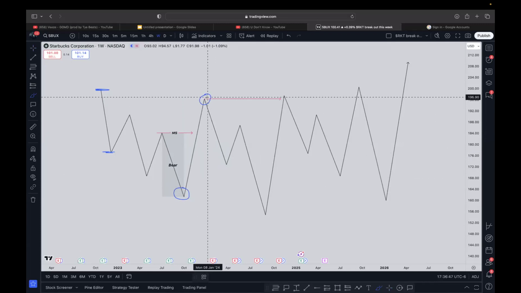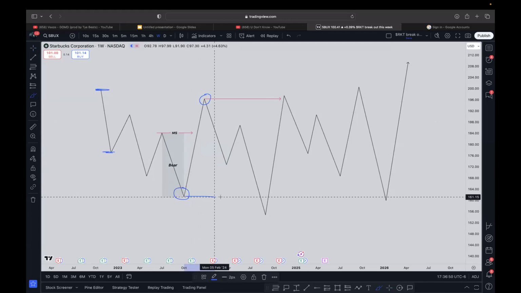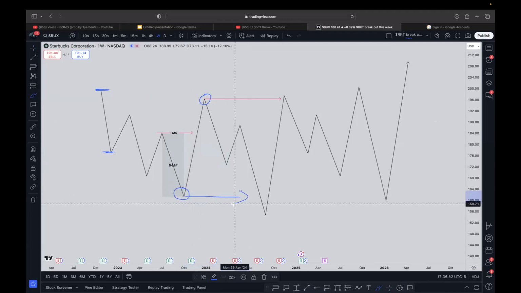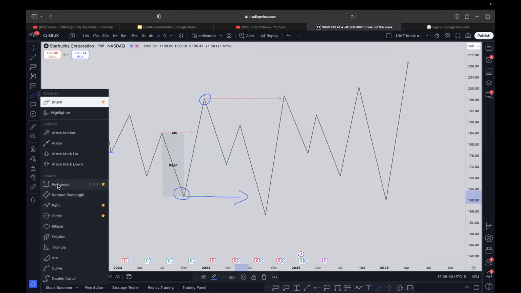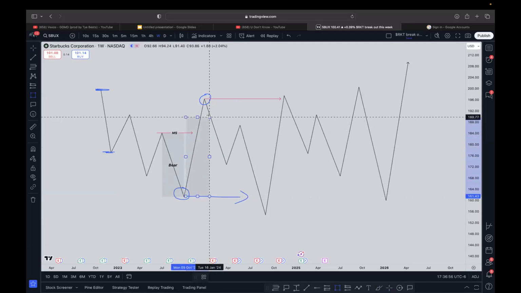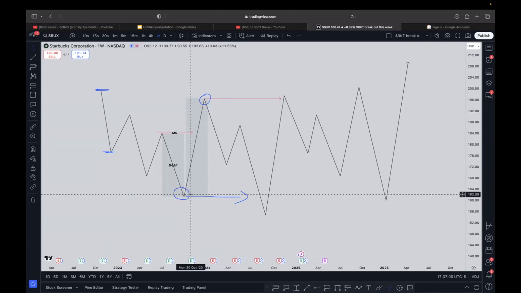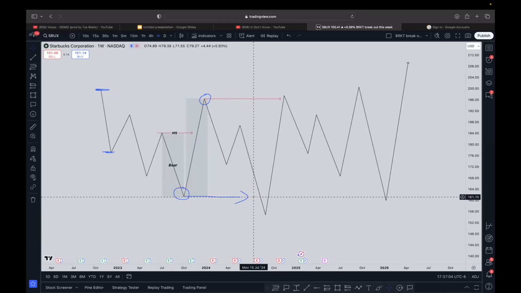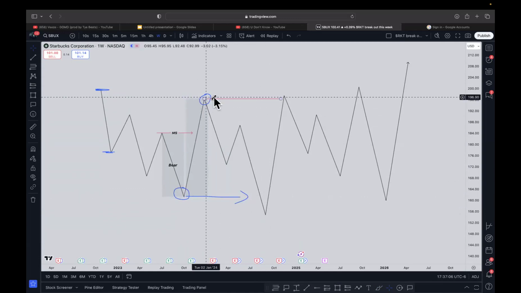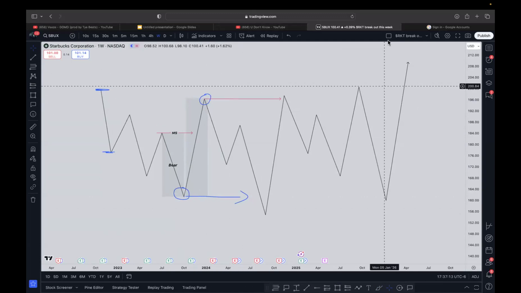Look at where this high came from. It came from right here. This is the range of this high. So did price break the low of the range first, or did we break the high of the range first? Exactly.